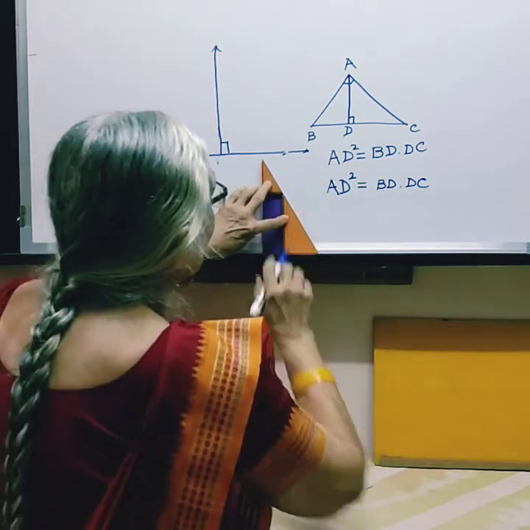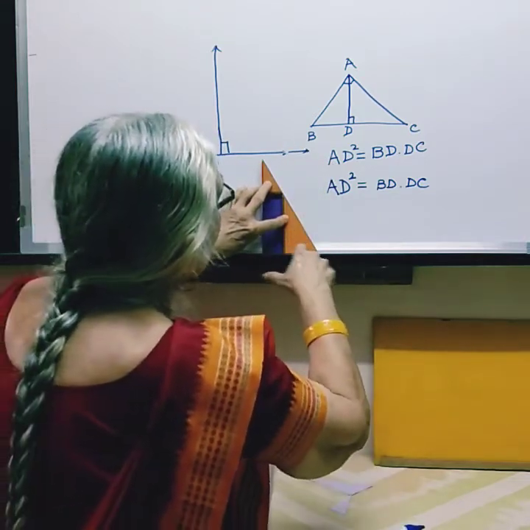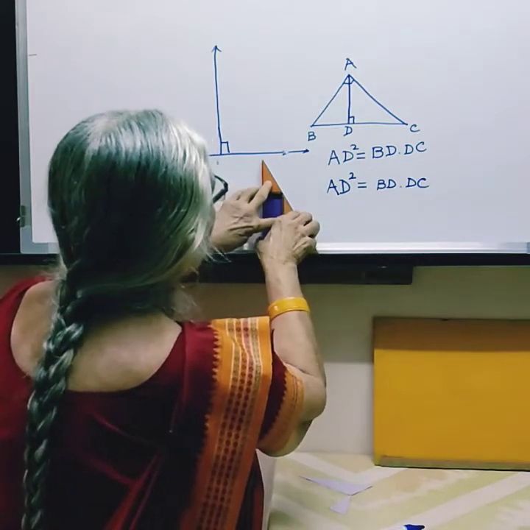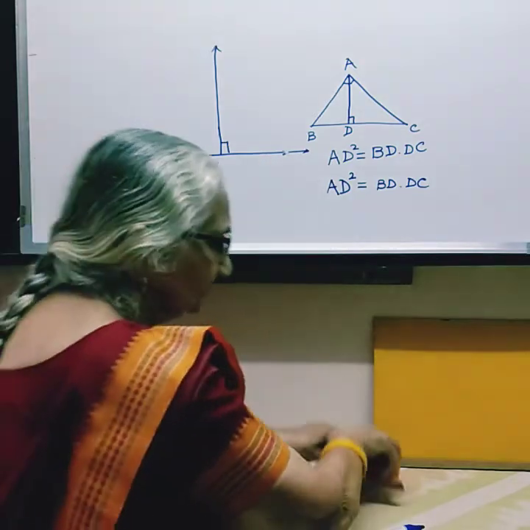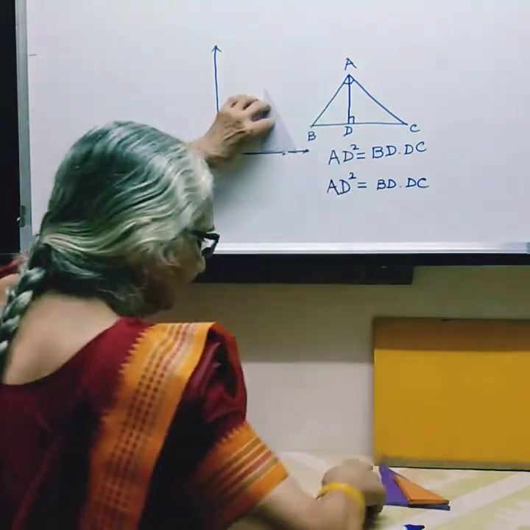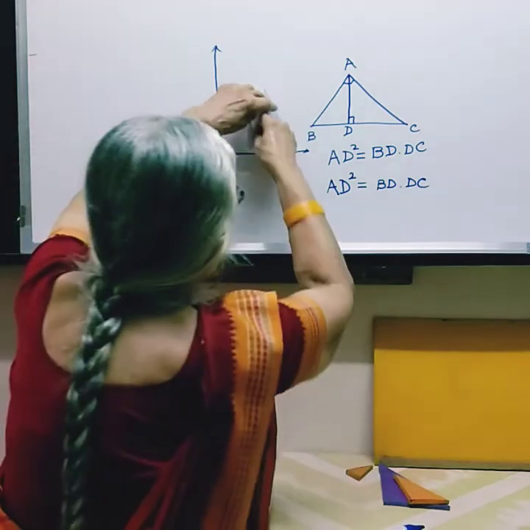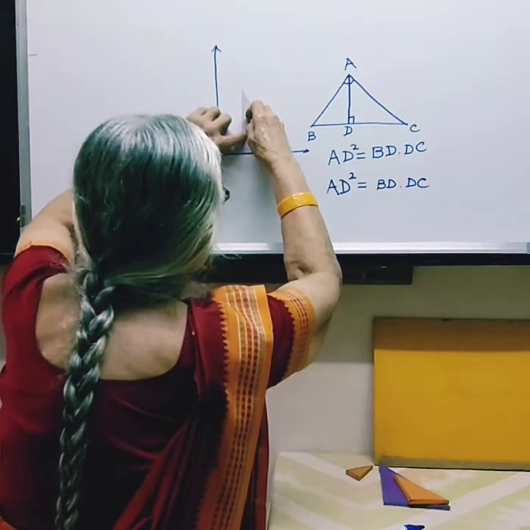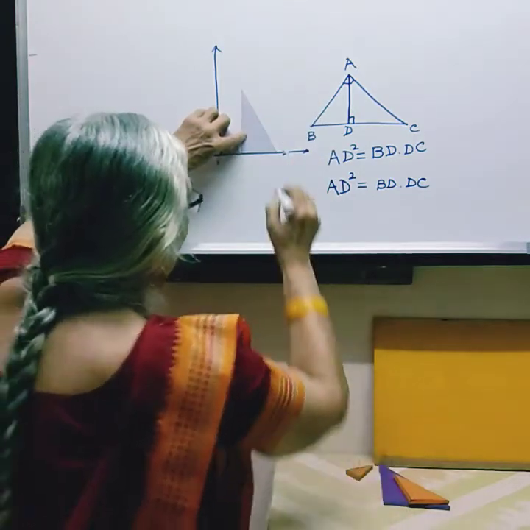So we are now taking this is BD and this is AD. So here is our triangle, here is the AD and here is the small BD. We put them along here.